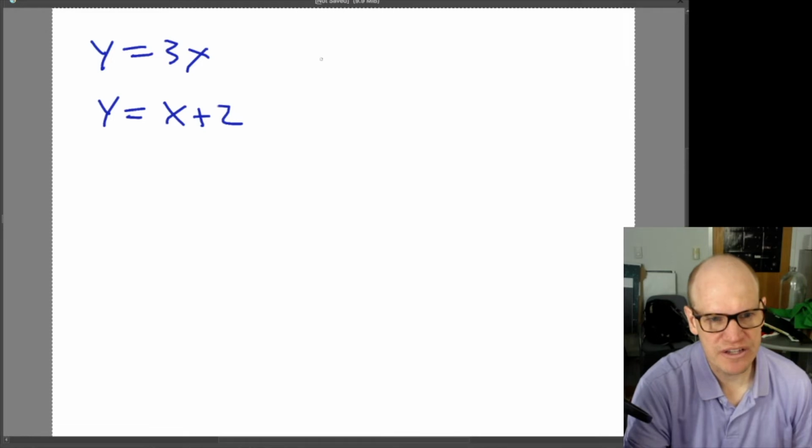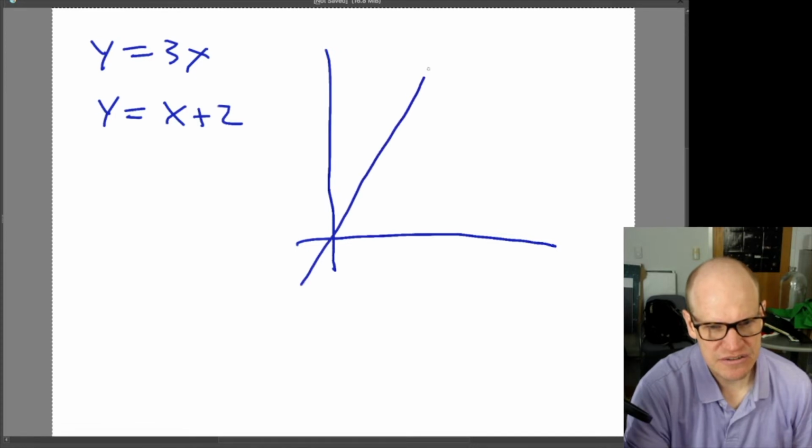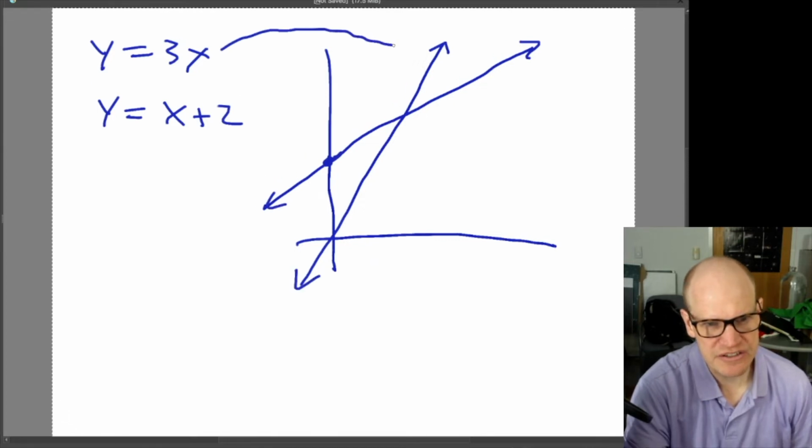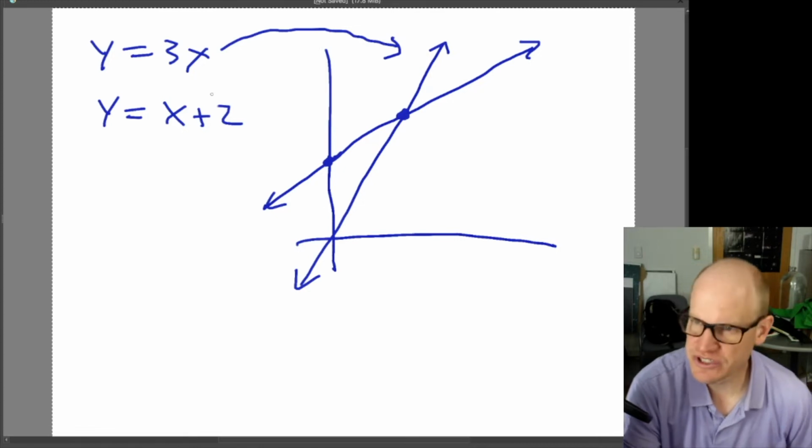Okay, so if I were to plot these two graphs, y equals 3x looks like this. It's kind of a steep line like that. And y equals x plus 2 is going to look like this, like that. So these are the two different lines that are there. This y equals 3x is some representation of that line. Y equals x plus 2 is going to be this different representation, and there's only one place where these two expressions can be equal to each other.